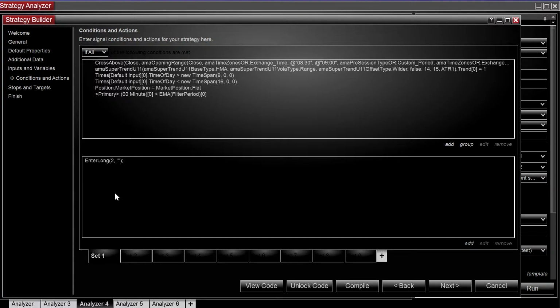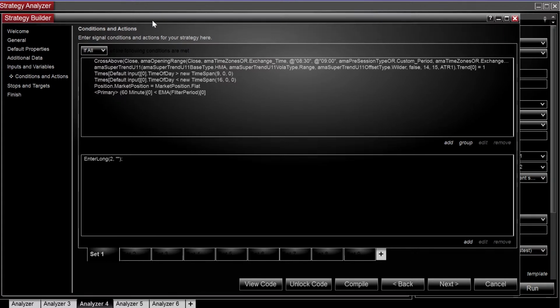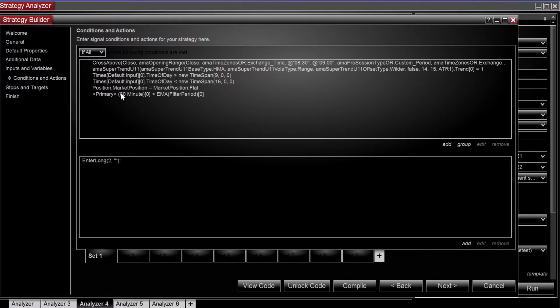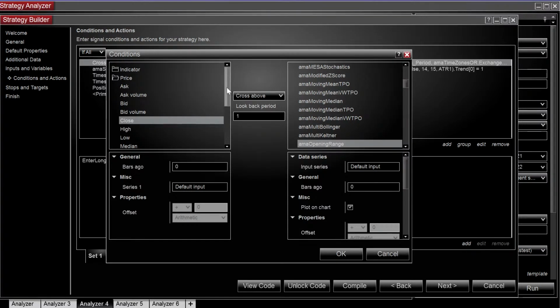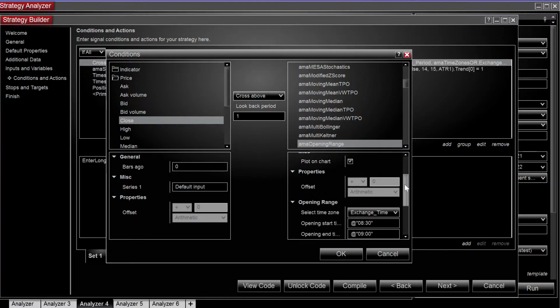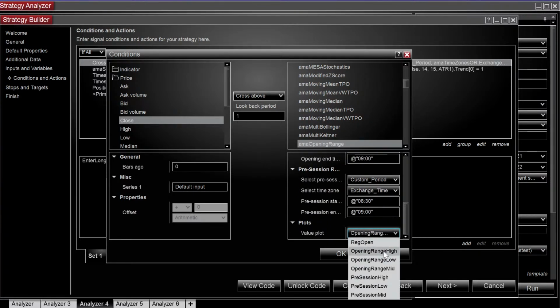So let us go over the conditions. So right now what we're looking at, obviously you don't get much information from looking at that. So I'm going to pull up each individual one to where you can pause the video and clearly see every condition. So I'm going to go through them pretty quickly. So set 1: price close crosses above opening range high.